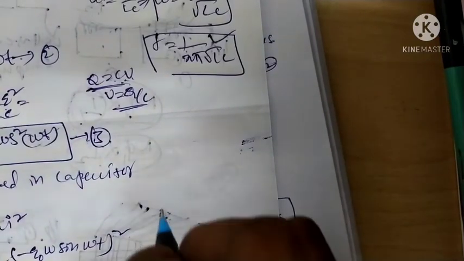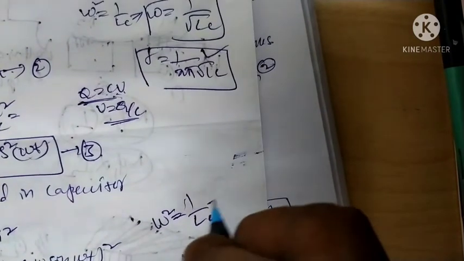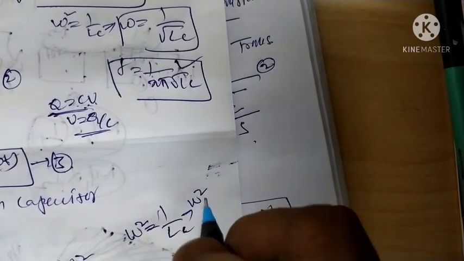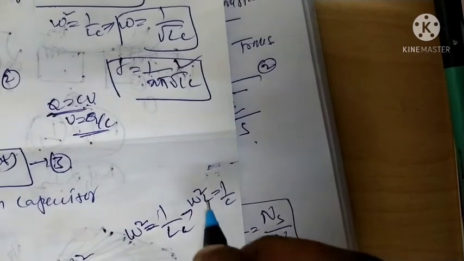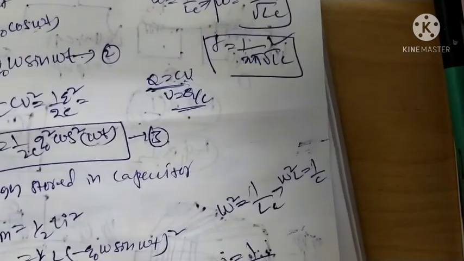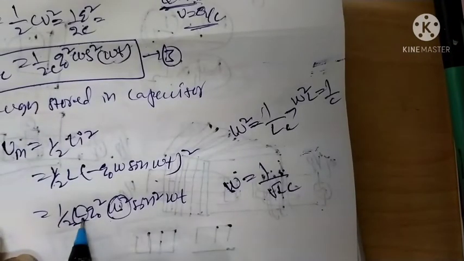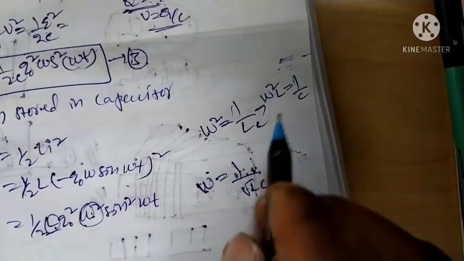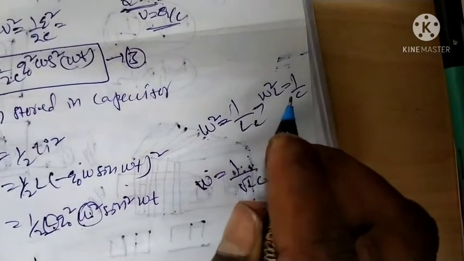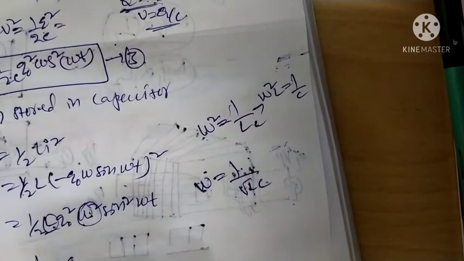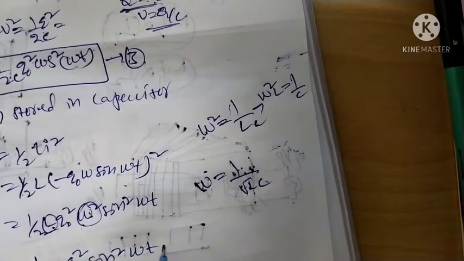Omega square into L, that value is 1 by C. This value substitute in the formula, 1 by 2C, q naught square sin square omega t.